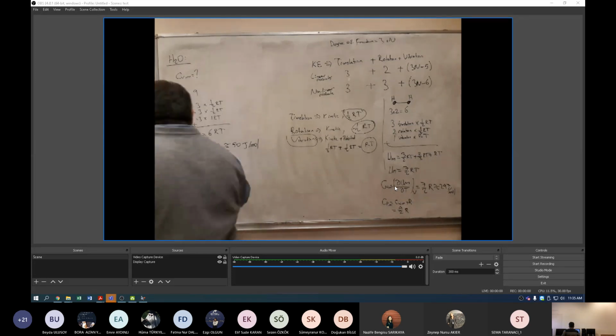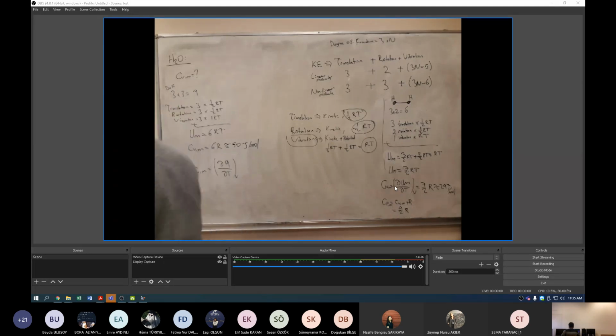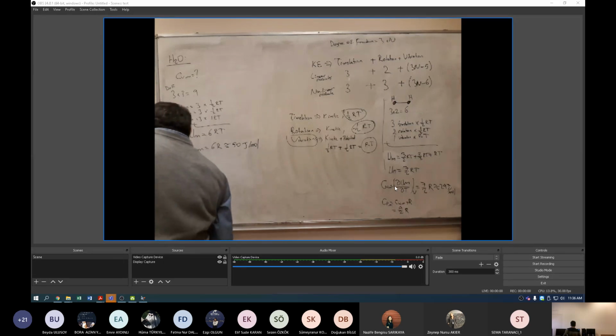So you can change the temperature by adding some heat, and then watch the system's temperature, and you can get the experimental heat capacities much more precisely. But if you don't have this experimental setup, you can estimate using this easy formula.